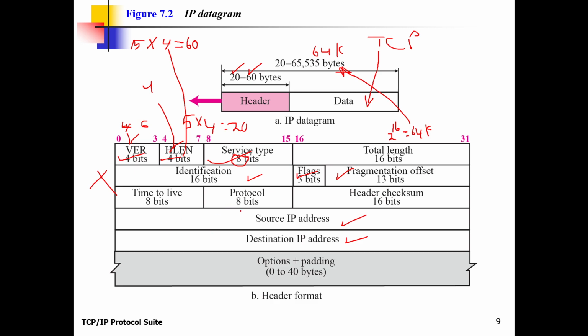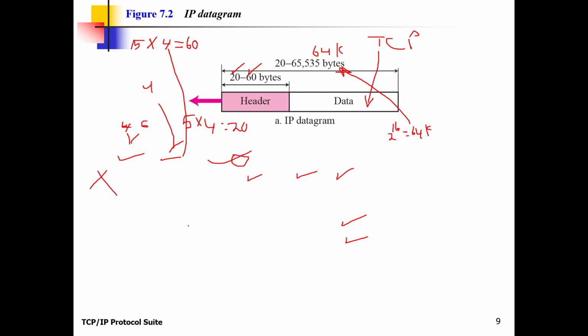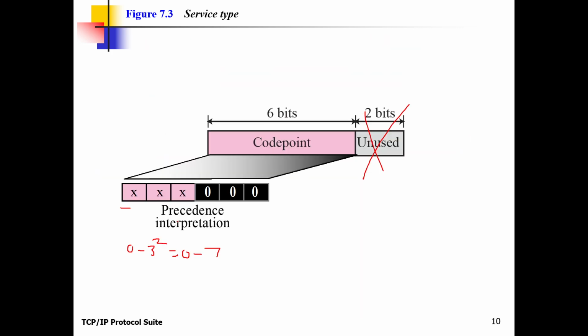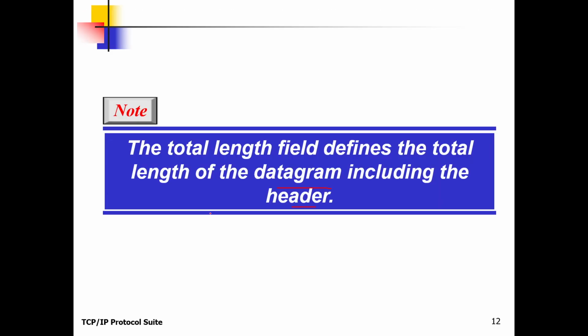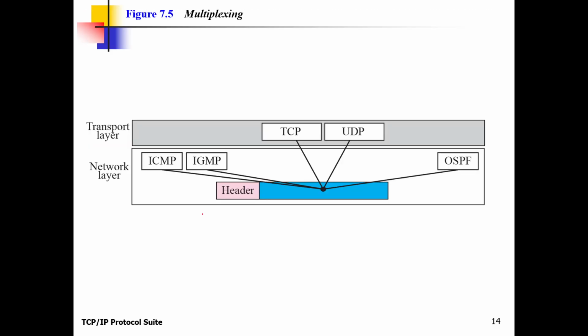Moving on, then we have the protocol, which is 8 bits. What does this tell us? It tells us the upper layer protocol. Let me go forward. Here you go.